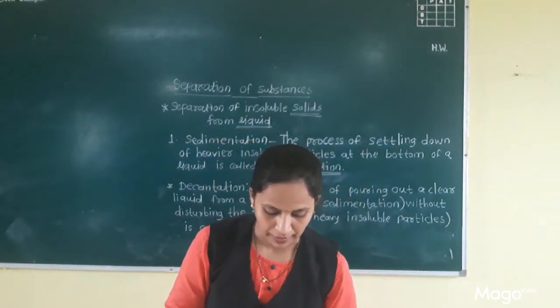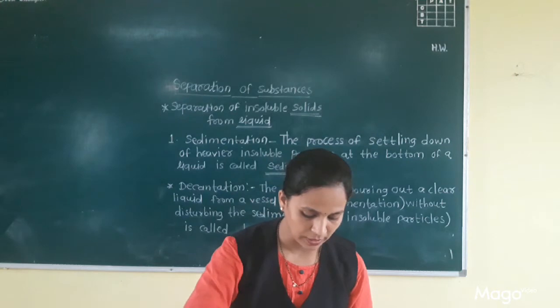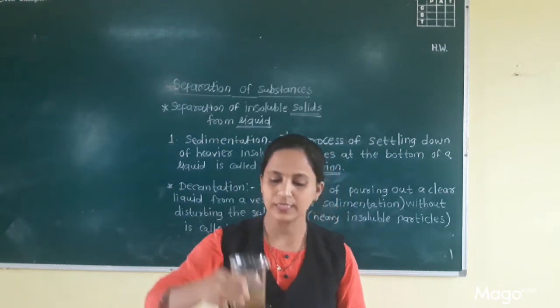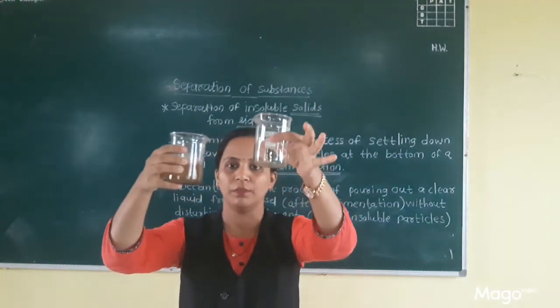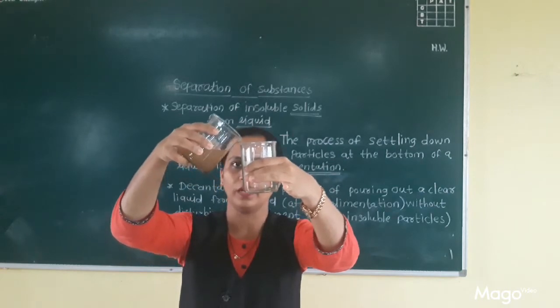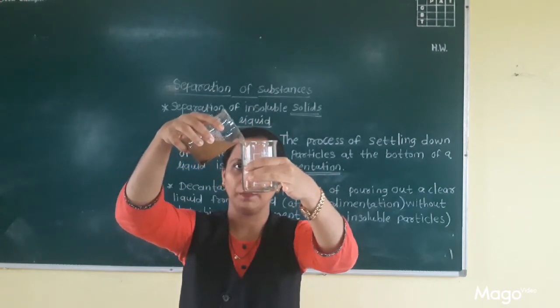Now the second method is decantation. What is decantation? We can separate this clear water by simply pouring it into another beaker.